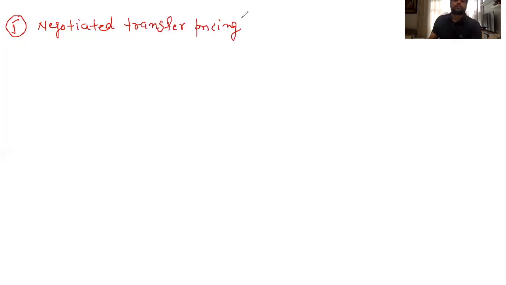Number 5 is negotiated transfer pricing. Right. This negotiated transfer pricing, as you can see, the name, negotiated.